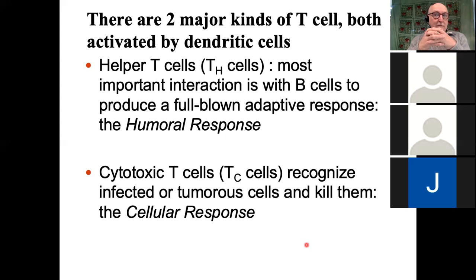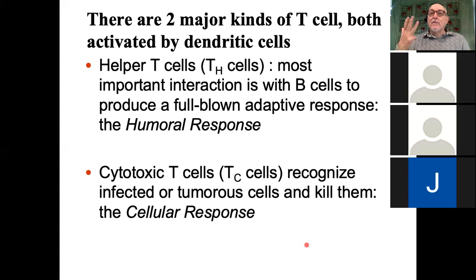As soon as it ingests something and displays the antigen, it becomes activated and it moves to the lymph node. It actively migrates through the lymphatic vessels to the lymph node, and it does so because it's in the lymph node that it can encounter all of the lymphocytes that it needs to interact with.